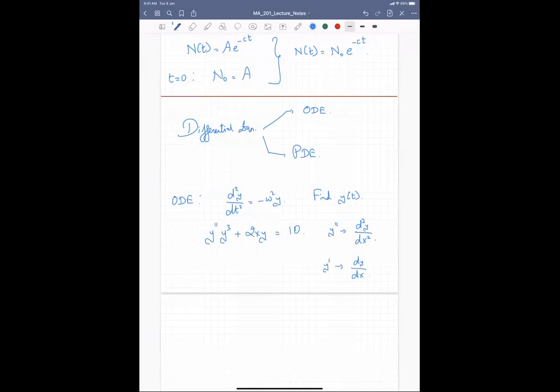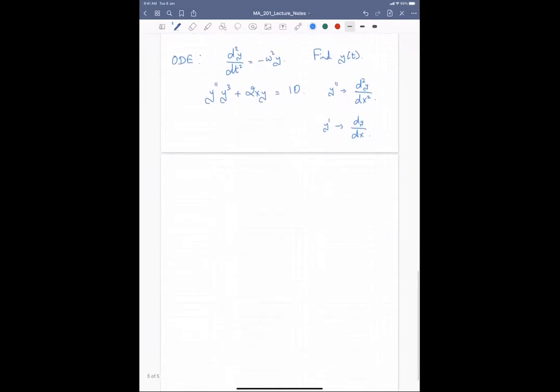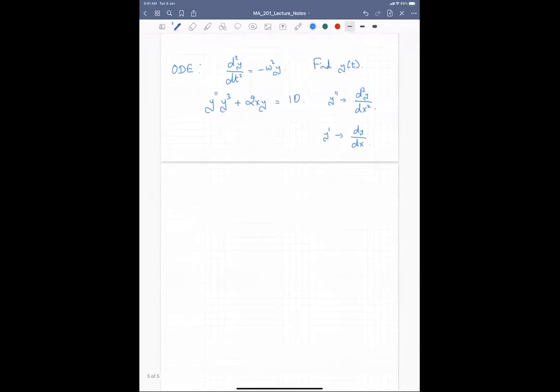I'm sure you're aware of this, but it's still important to set up the notation. These are examples of ordinary differential equations, where the solution y depends on only one variable that you have to find.